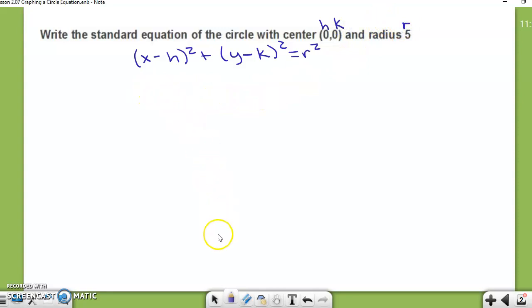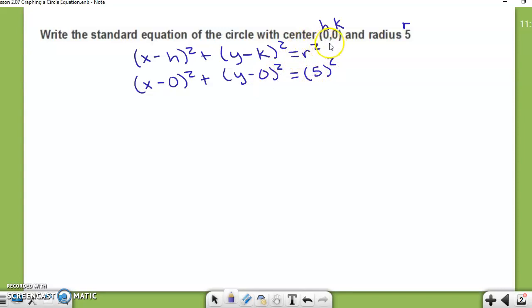I can just start plugging in those values: x minus 0, that's the h value, plus y minus 0, that was my k value, equals my radius, 5 squared.